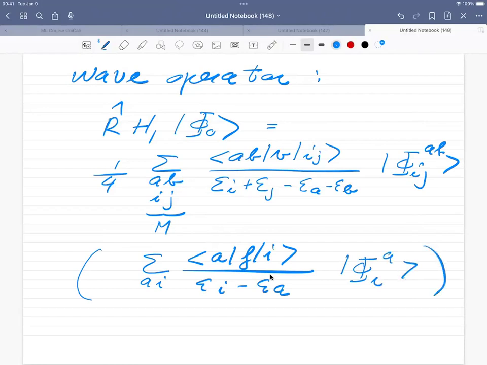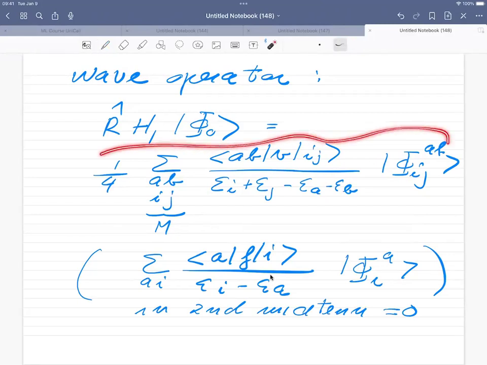But for the project which we have, since we conserve the spin and the number of pairs, this one is not entering our calculations. So in the second term, this is equal to 0. The only term which we have then is this one here.